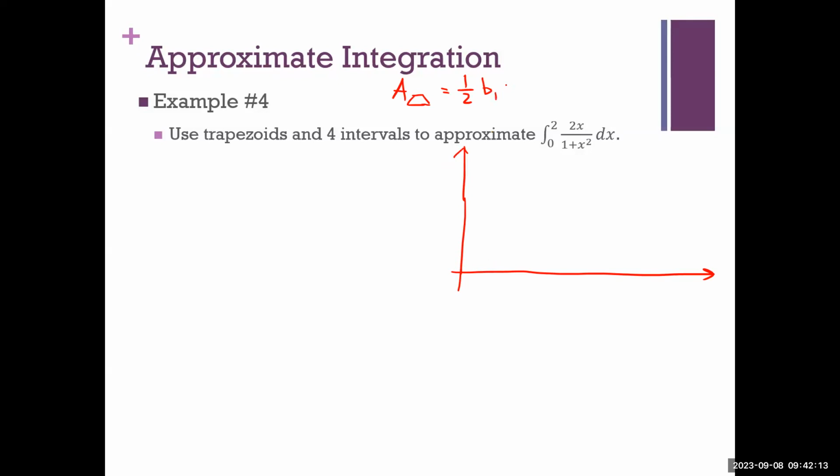I want to write it exactly how you said it: base 1 plus base 2 times height divided by 2. Is this a formula we've seen? If we haven't seen it, does it make sense now?